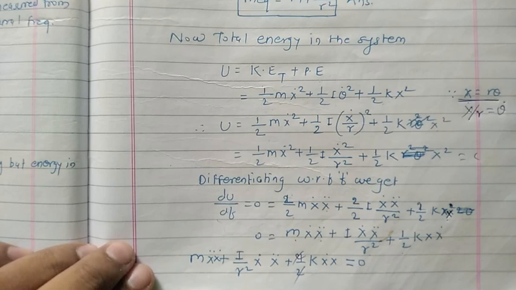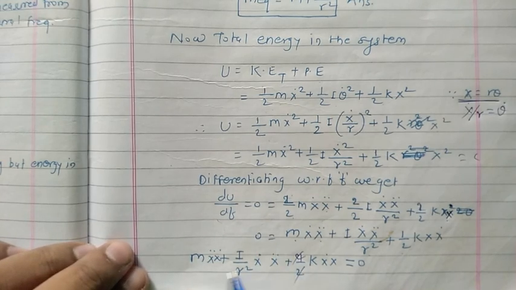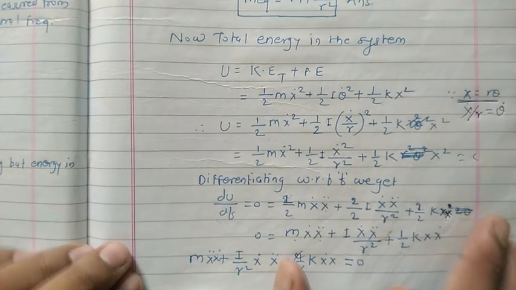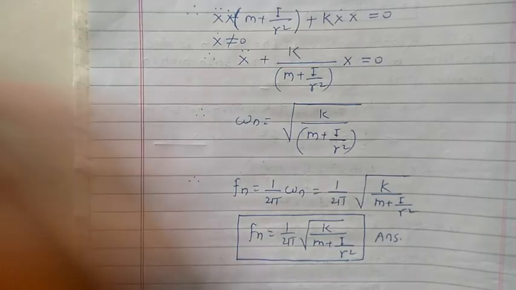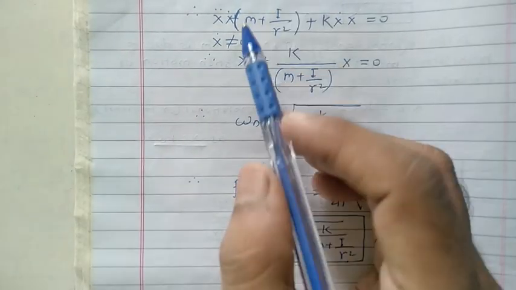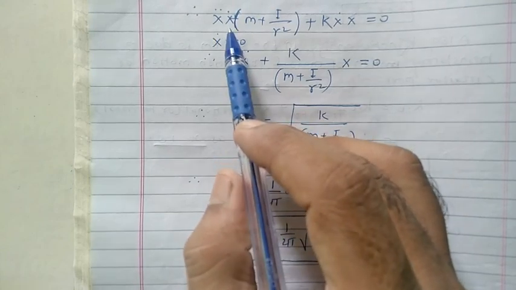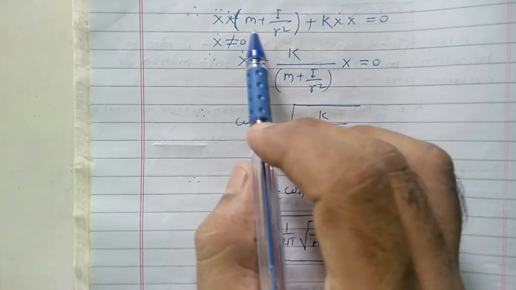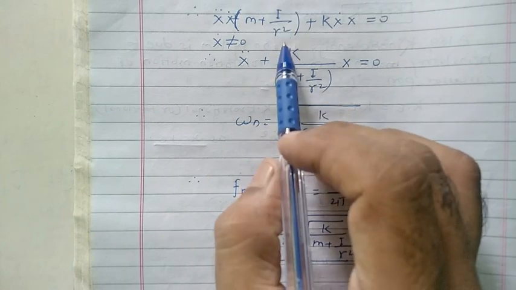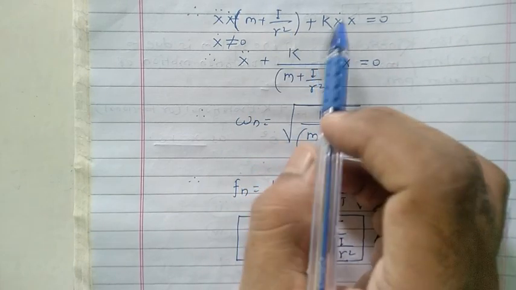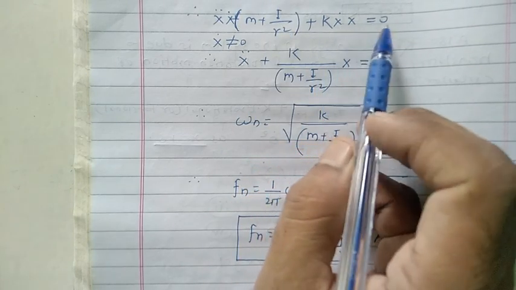Now arrange this equation in such a way that we can compare it with the SHM equation. In the next step, you can get the relation like this: x double dot into x single dot bracket m plus I divided by r square, plus k into x single dot into x equals 0.